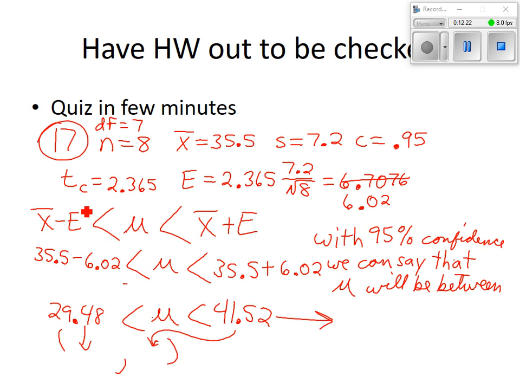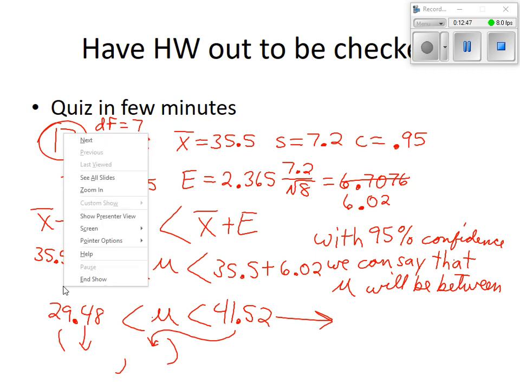It'll already do the DF for you and find the TC for you. It gives us 29.481 to 41.519. Right on the money. Other questions?